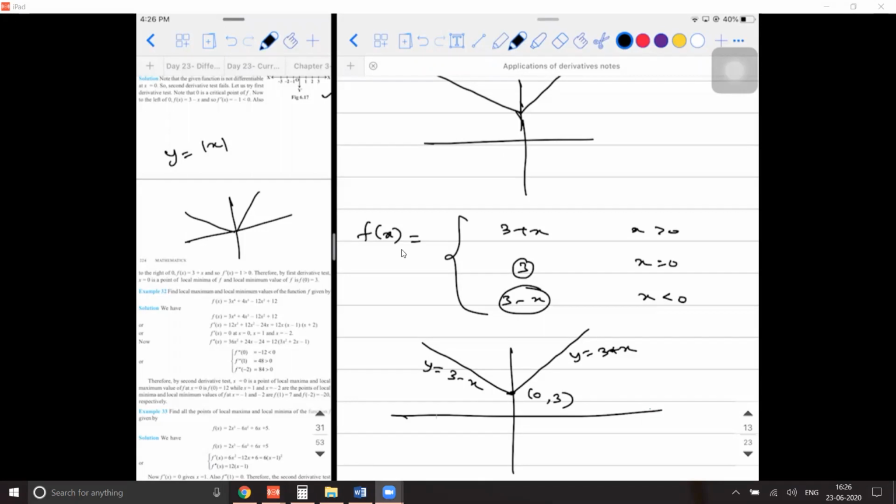Okay, can you guys try it? Use the second derivative test and prove. I'll be back in a minute.